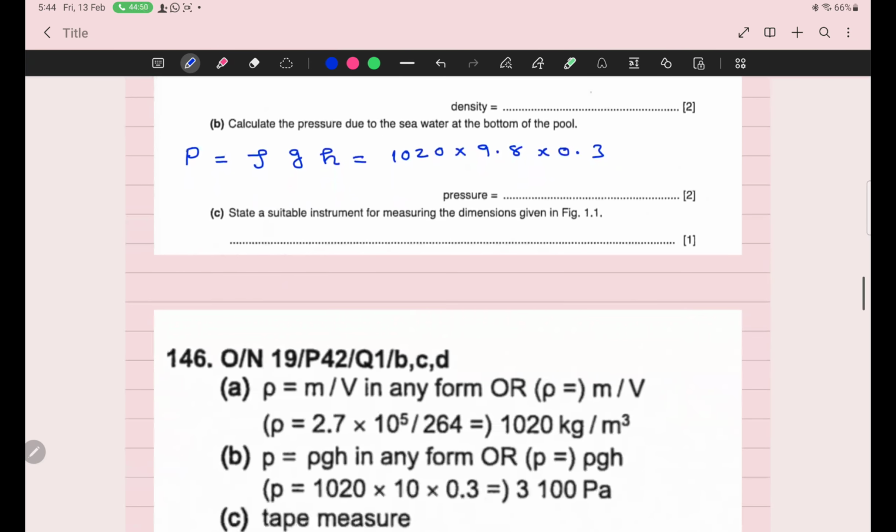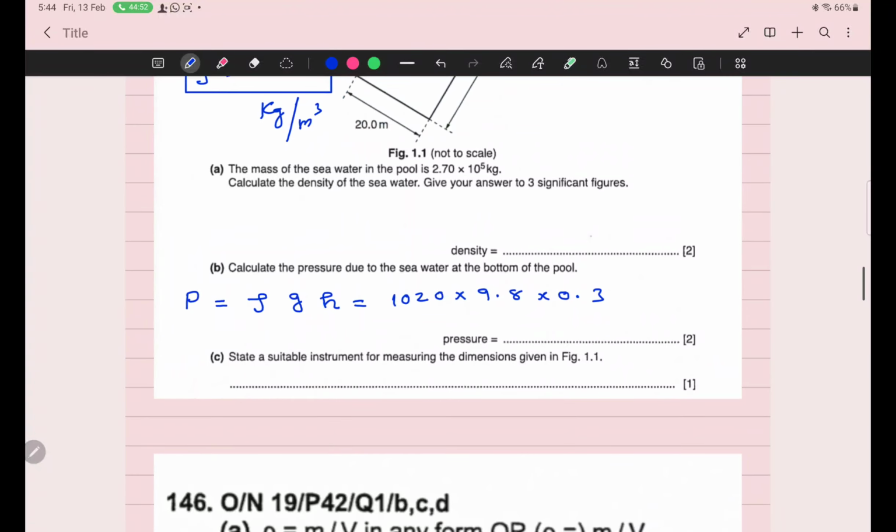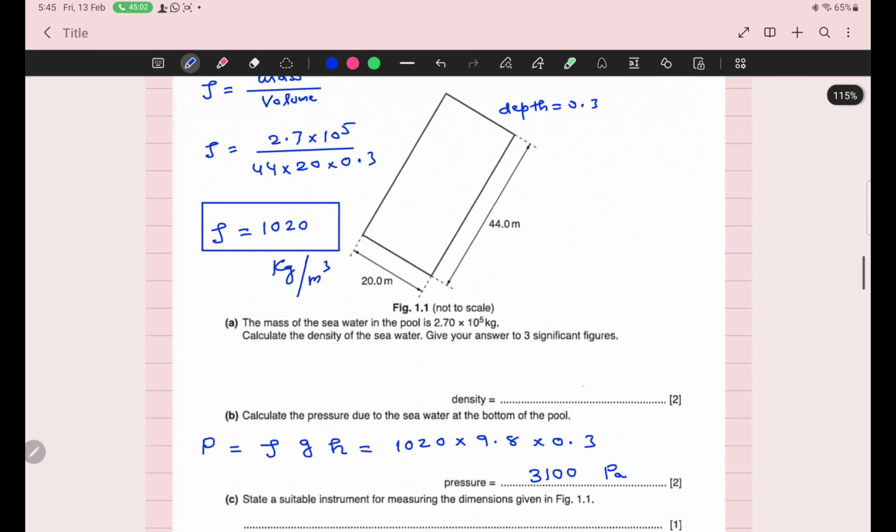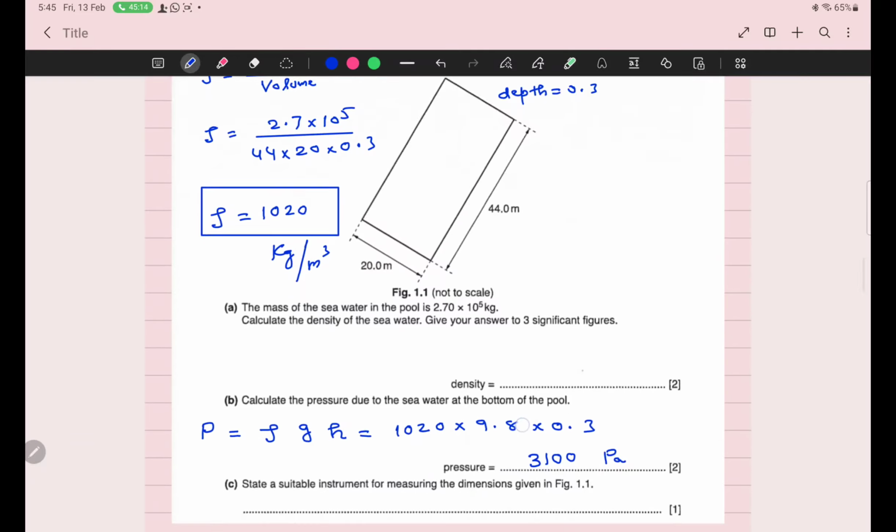And pressure should be around 3100. And the unit of pressure is Pascal. Ji beta, note down this pressure calculation. Sir, pressure is rho g h. Rho is the density, g is gravity, depth is 0.3.